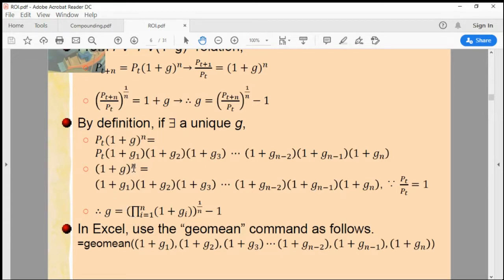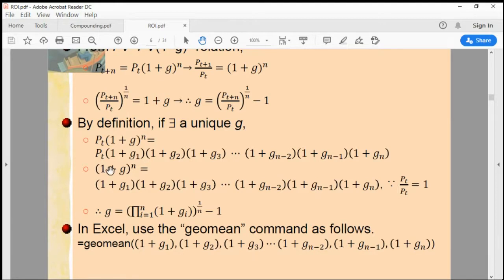If you're solving for g, first of all, you cannot directly solve for g, right? You will have to first solve for 1 plus g. We haven't done time value of money, so this will be discussed again there.